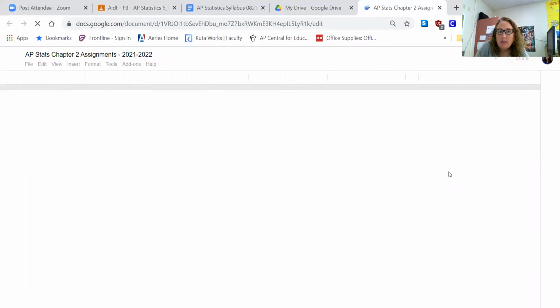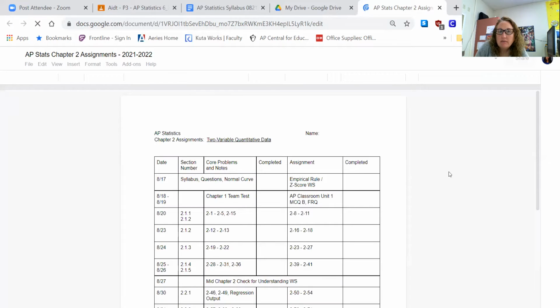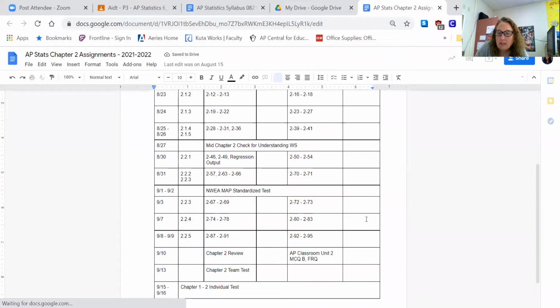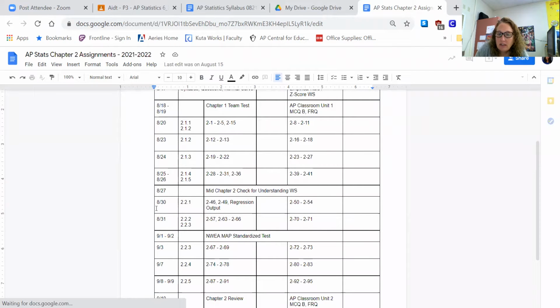There it is. So every student will get one of these assignment sheets at the beginning of the chapter. Each one has a date. Each assignment is based on the day. So this is today. I'm recording this on the 30th.